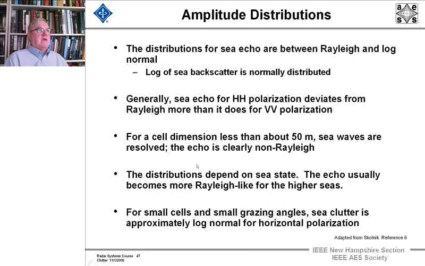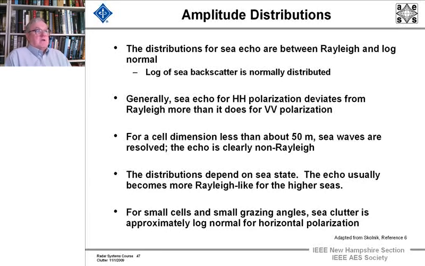Now, relative to the amplitude distributions, the distributions for sea echoes are between Rayleigh and log normal. That means the log of the sea backscatter is normally distributed. And generally, the sea echo for horizontal transmit, horizontal receive polarization deviates from Rayleigh more than it does from vertical.